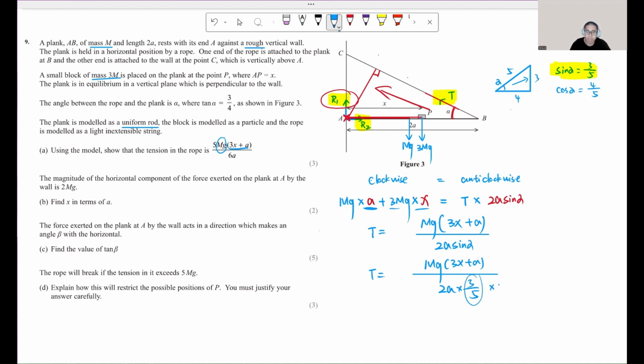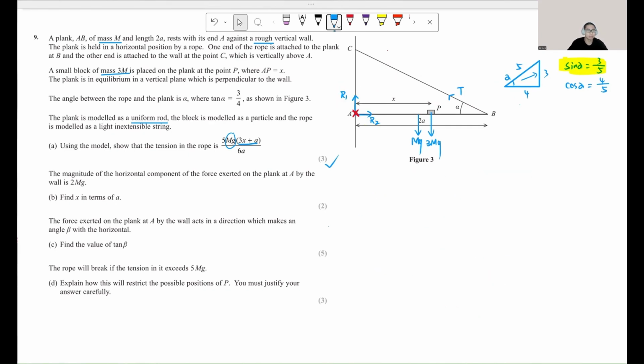Then 5/5 will cancel out. So it's just left with 5mg and then 3x plus a all over 6a, which is the same as part A. Then part A is done, 3 marks.